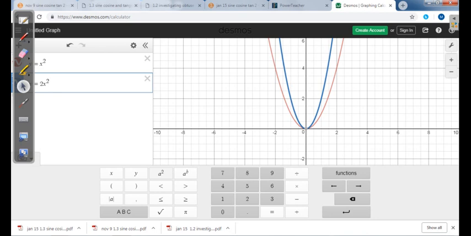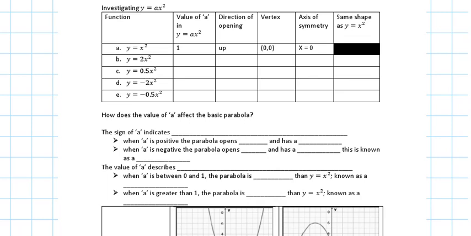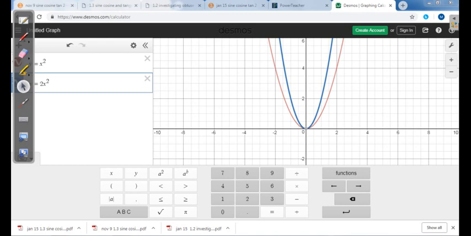It's just narrower. Can you guys tell me what's the next function in your table? So that is y equals 0.5x squared. Again, I'm going to press under it, so it opens a new box. Y equals 0.5x squared.